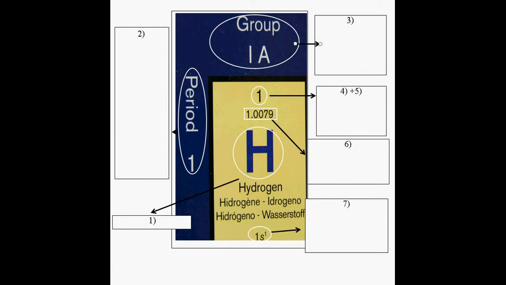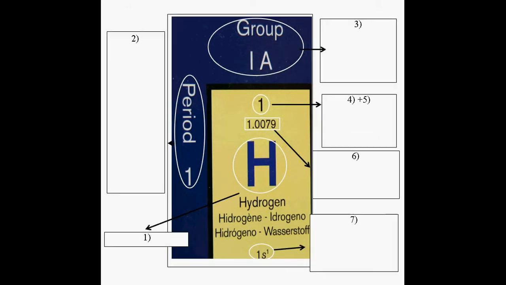Start with number 1, which is the large H, and this is hydrogen. Very simple. So write in field 1, symbol of the element, H for hydrogen. Stop the video while you are working on answering these questions.